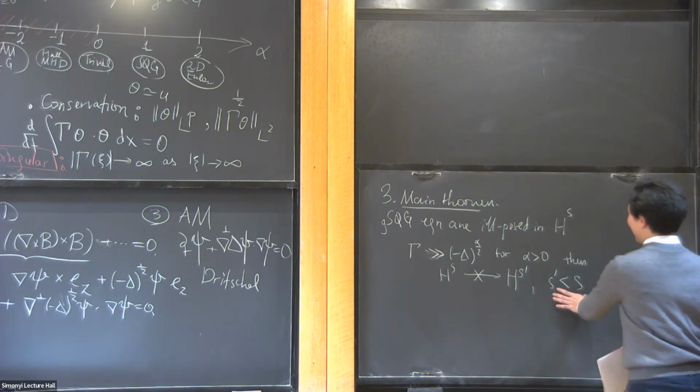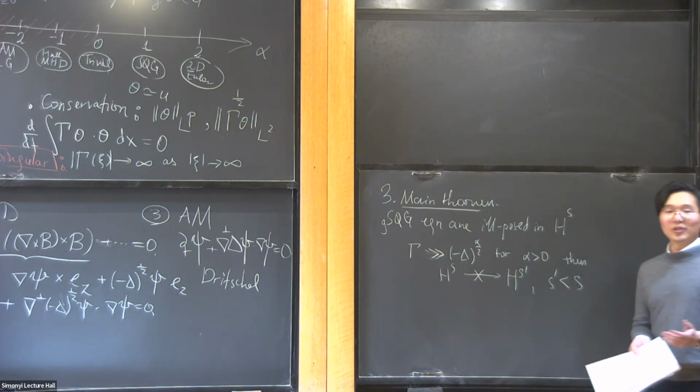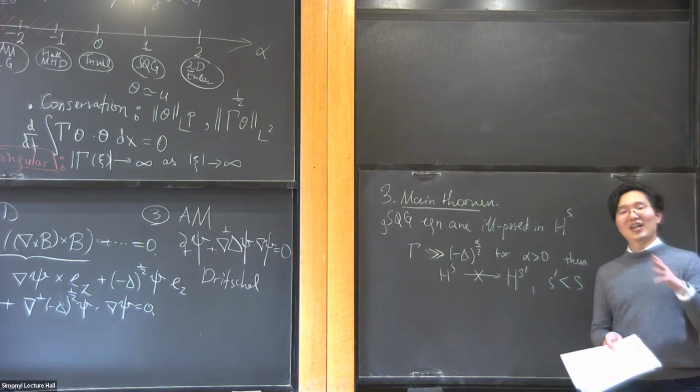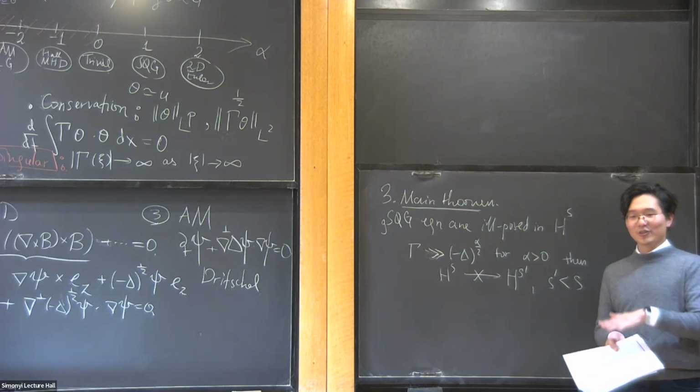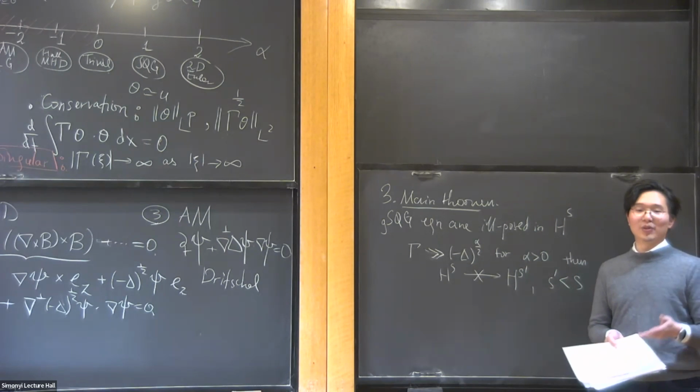And the gap depends on the size of gamma. So even if you are allowed to lose regularity for the solution, there is still ill-posedness.